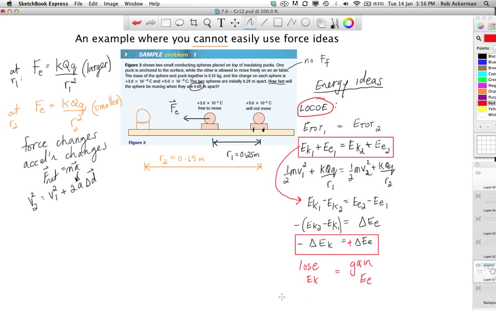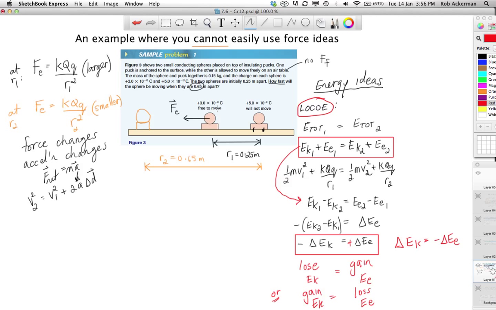Or, if you prefer, which is actually what's going on here, a gain in EK will be represented by a loss in EE. It doesn't matter where we put the negative, right? We could write this as delta EK equals negative delta EE, if that makes you any happier. All right? Same idea. So what's going on with these pucks? Let's get back to sample problem 1.